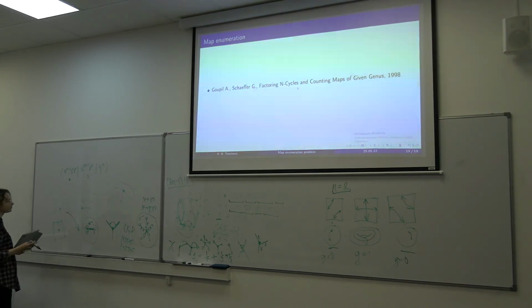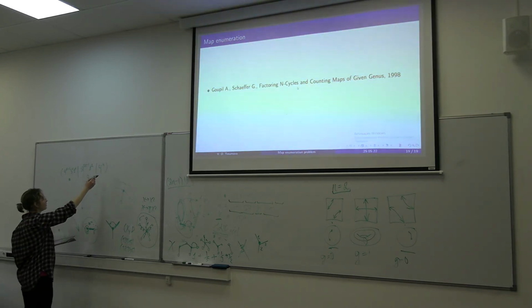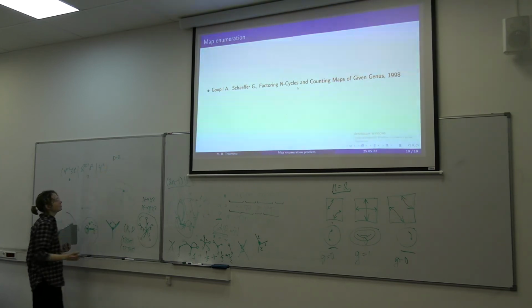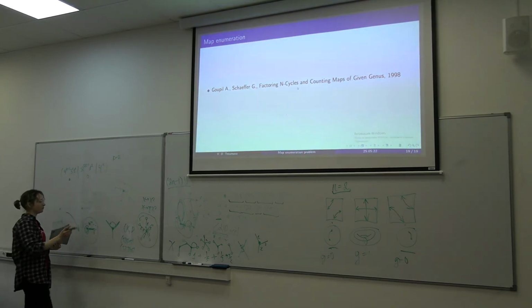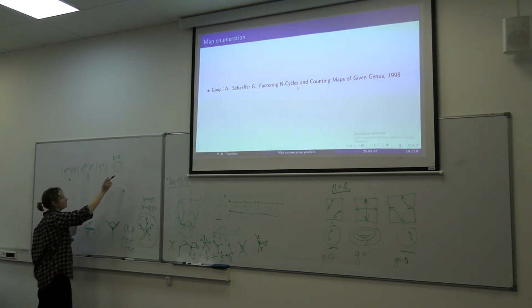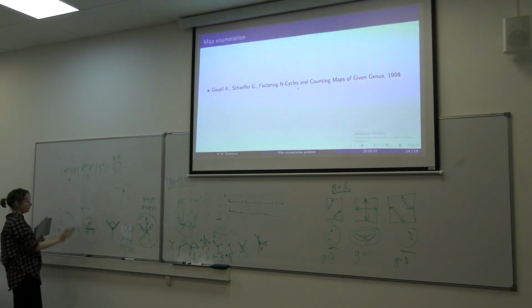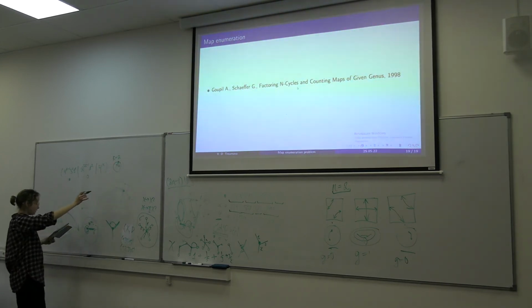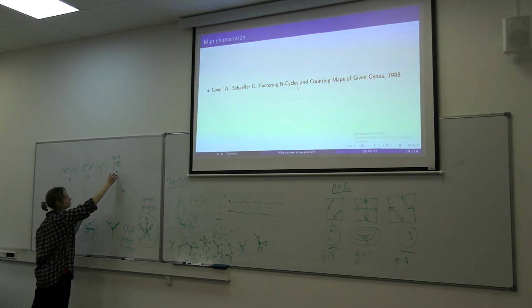And for example, for k equals 2, there are two of them. I have two realizations of this passport. Each passport may have more than one realization. Here we have two.